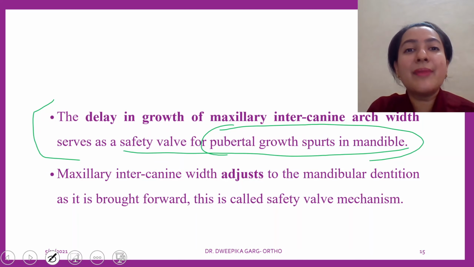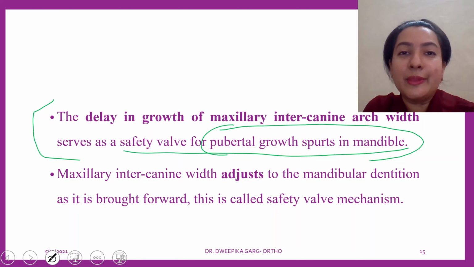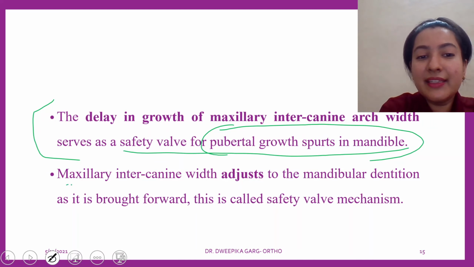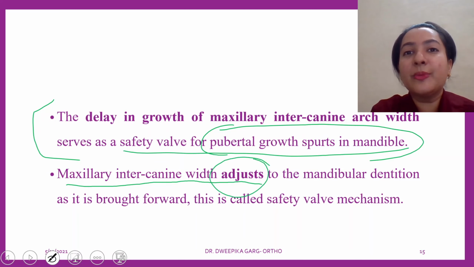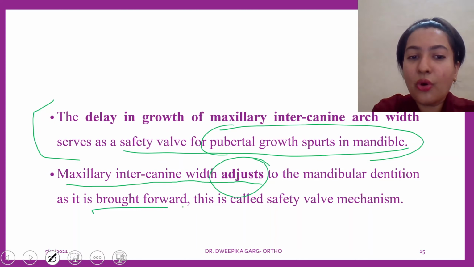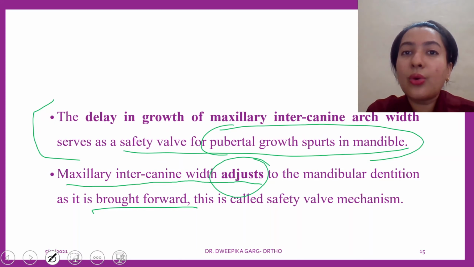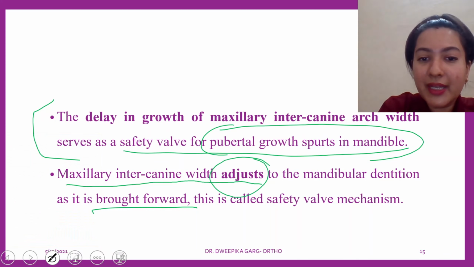That is why the maxilla delays its own growth to accommodate the mandible. So maxillary intercanine arch width adjusts to the mandibular dentition as it is brought forward, meaning when there is growth of the mandible after and during puberty. This is one thing which should be highlighted.